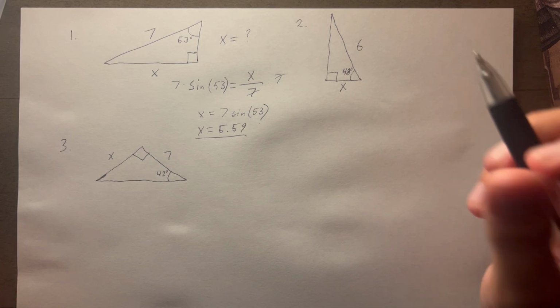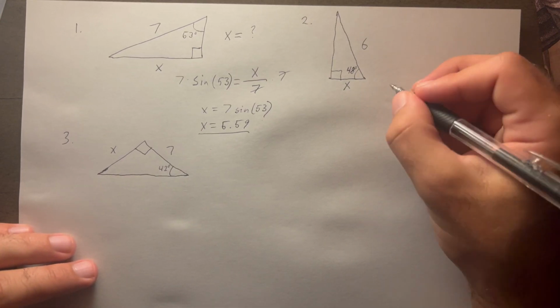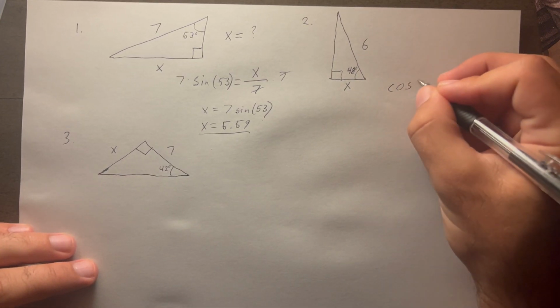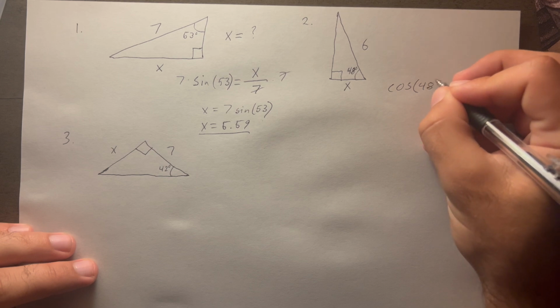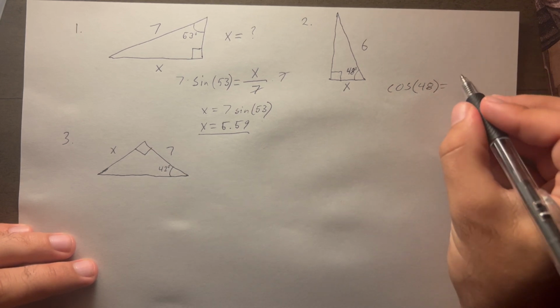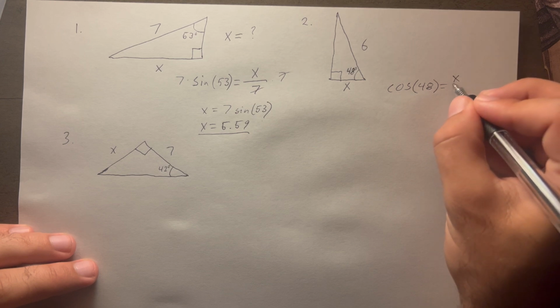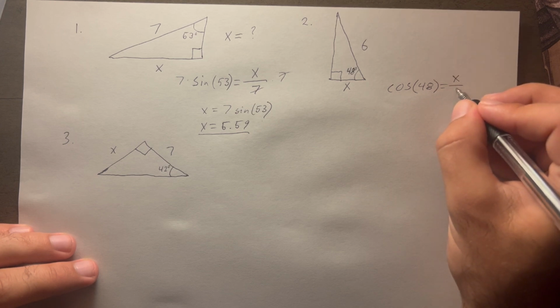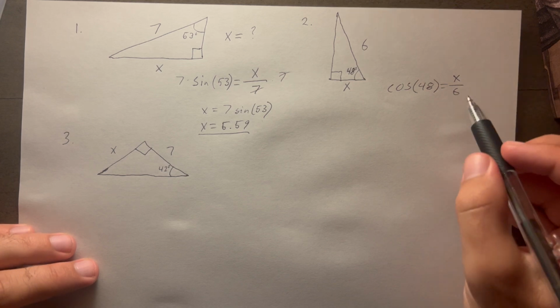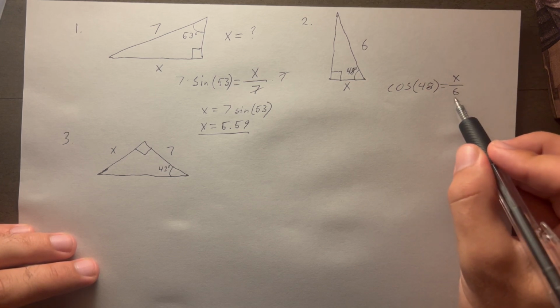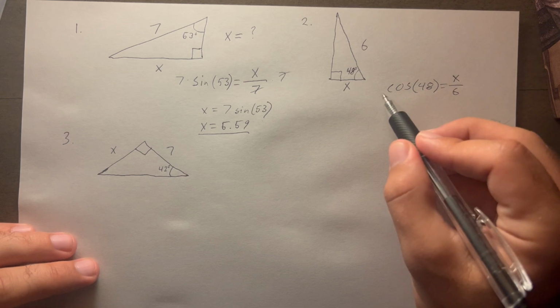So the formula we're going to use is cosine 48 equals, it's going to be x divided by 6. Okay, again, it's pretty easy algebra. I won't write it out this time, but you just multiply 6 to the other side.